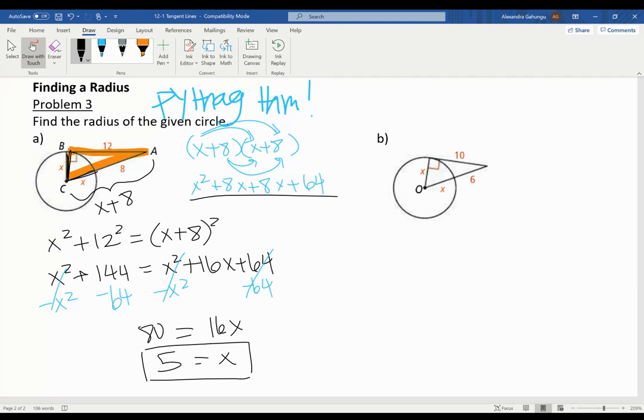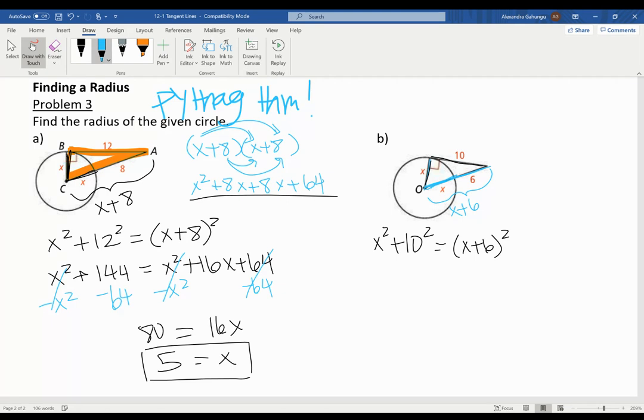Same thing with the next one. I'm going to have to use the Pythagorean theorem because I'm working in a right triangle. But what is this whole side of my triangle? It's the x, the radius, and then 6 more. So that means it's x plus 6 for one of my sides. So it goes x squared plus 10 squared equals hypotenuse squared, x plus 6 squared.